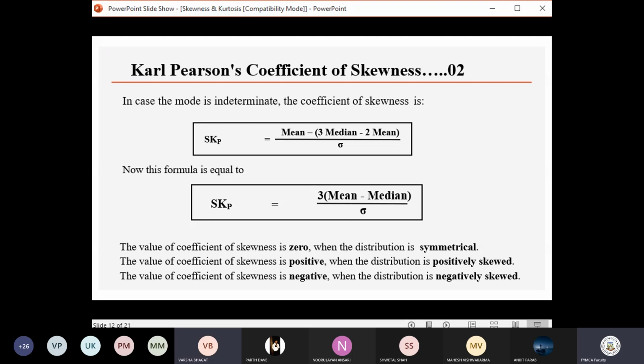Sir, 49. Okay, sir. Now, SD will be root of variance, na sir? So SD, that is standard deviation, is the root of variance. If you calculate the root of variance, that is SD, you will get 7. Correct.